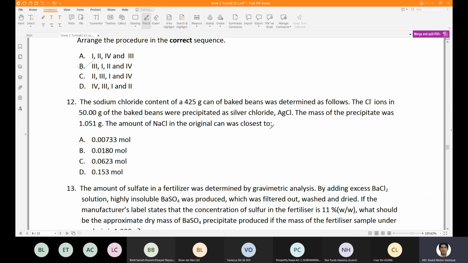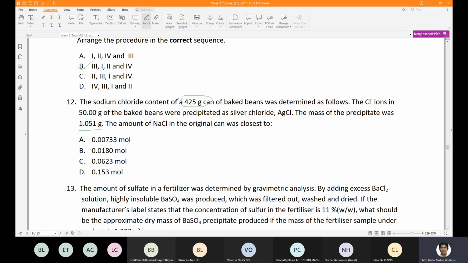The mass of the precipitate was 1.051 gram. The amount of sodium chloride in the original can was closest to what? How do you find it? First of all, what is the information given? The sodium chloride content of a 625 gram can of beans. Okay.